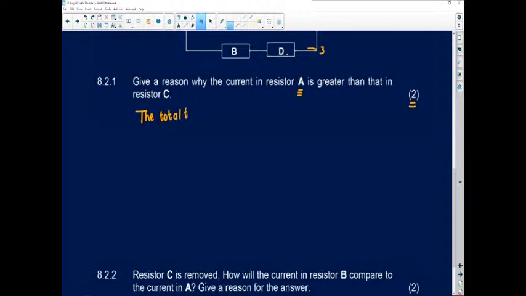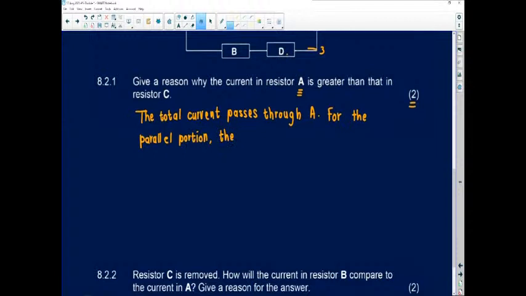the total current passes through A, and for the parallel portion, there are branches, therefore only a portion of the current will flow through.